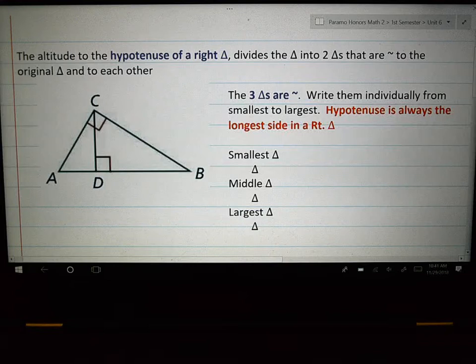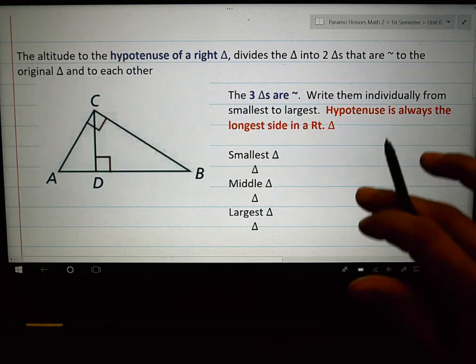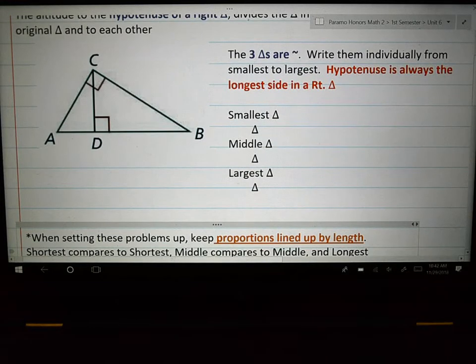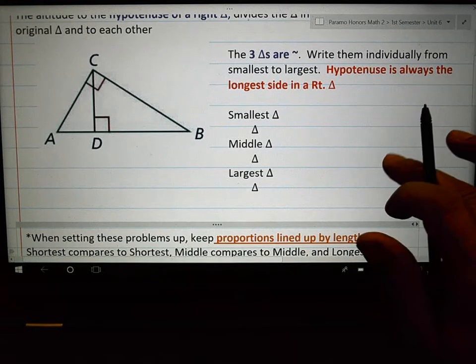Now for me, it is quite difficult to just visually see what sides are proportional to what. So what I like to do is either draw arrows or write out certain things. Here's what I'm going to suggest.